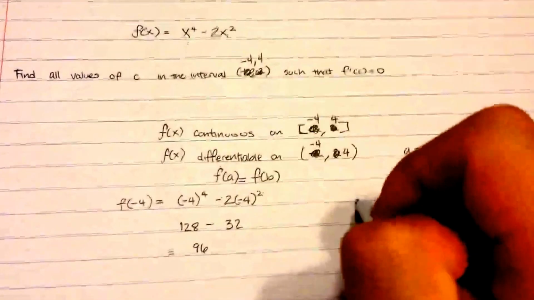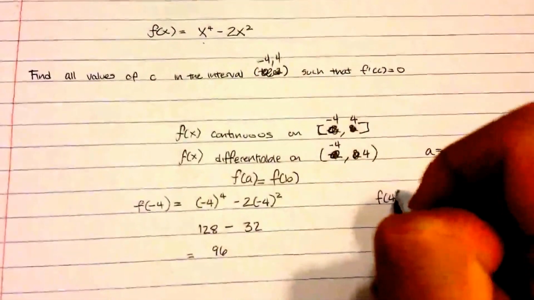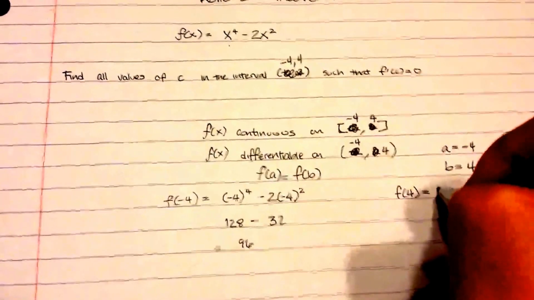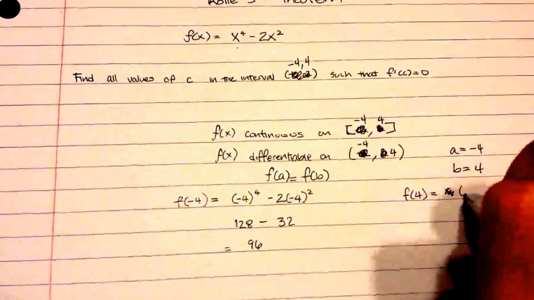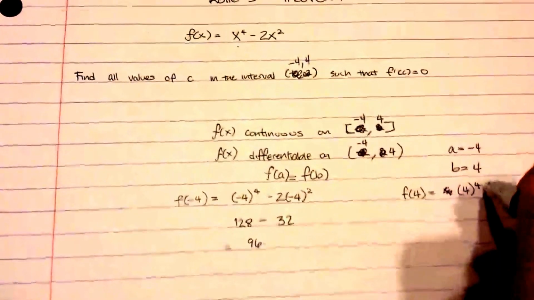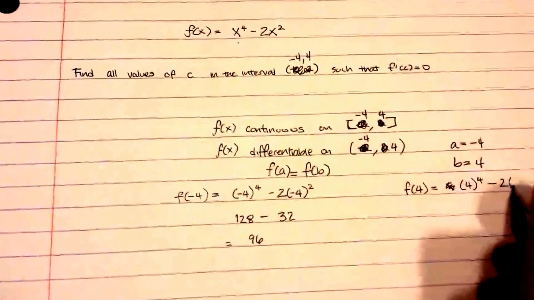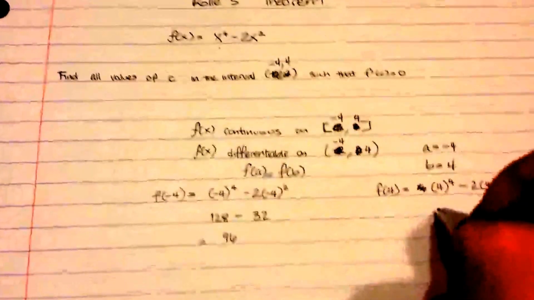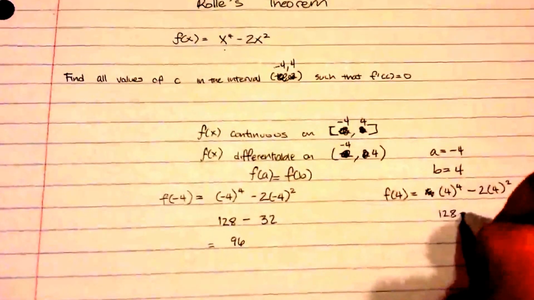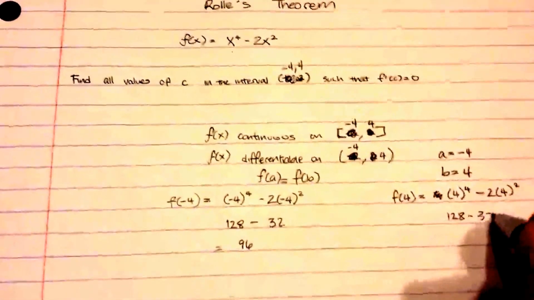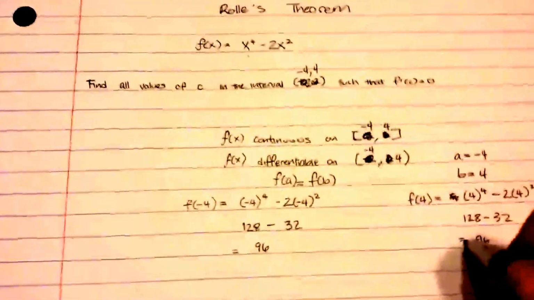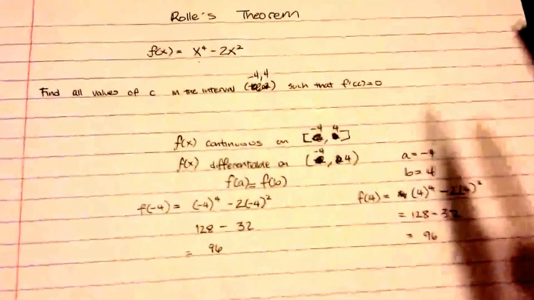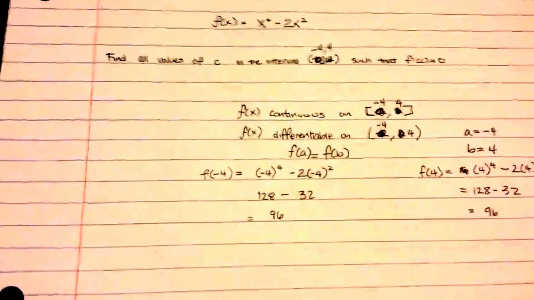Now we just have to find the value for f of 4, which is 4 to the fourth minus 2 times 4 to the second. So when we do that, again, this is 128 minus 32, and then we find that the values are actually the same. So now we know all of this, we can actually use Rolle's theorem.